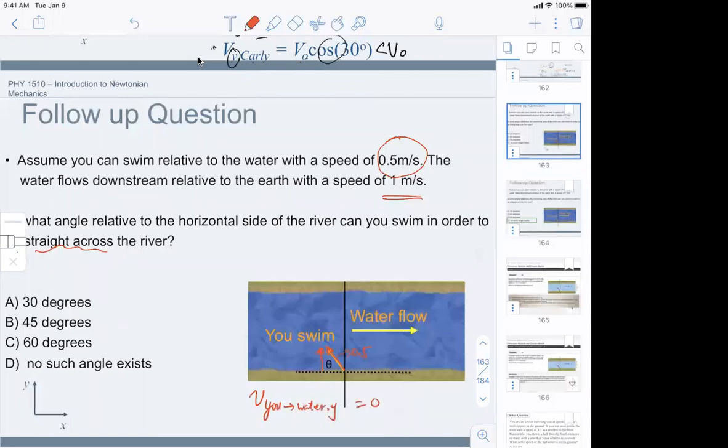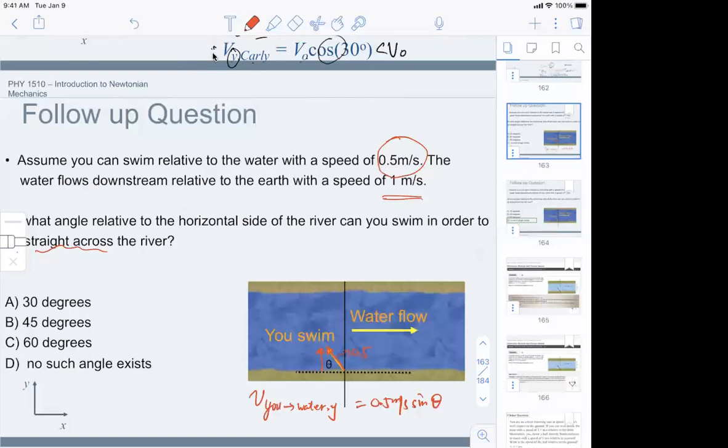Y is 9.5 times sine of theta. Is that right? Yeah. Okay, so what do we set that to? I set that equal to 1 because if you want to go straight across the river, then the water's speed should be equal to your speed.